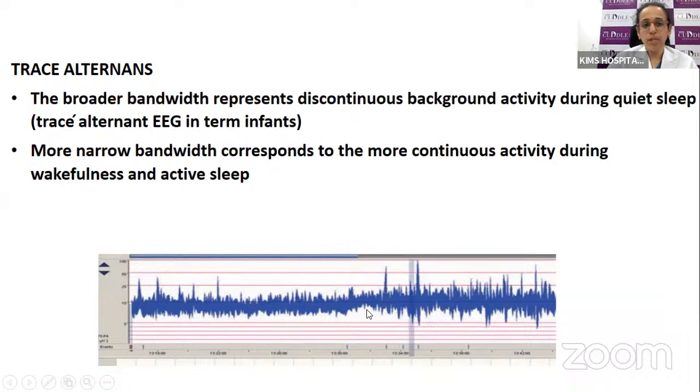So there is active sleep and quiet sleep for all of us, even for babies. That leads to the difference in the bandwidth, which should not be taken as abnormal as long as the lower margin is above 5 and the upper border is above 10. So this pattern, sometimes appearing as discontinuous during quiet sleep of the baby, is called the trace alternant pattern in term infants.